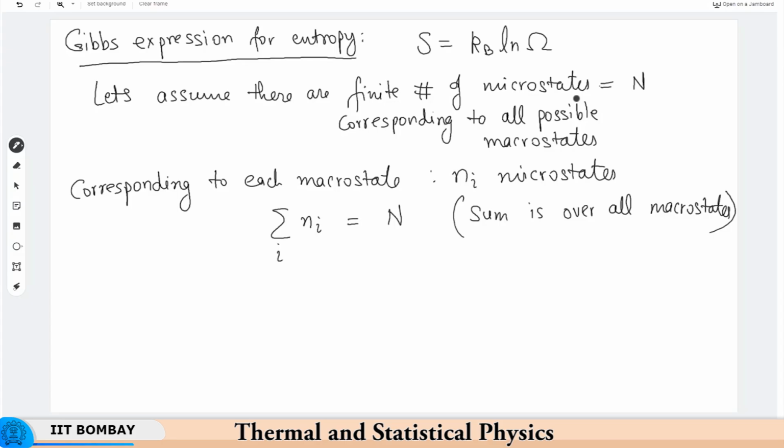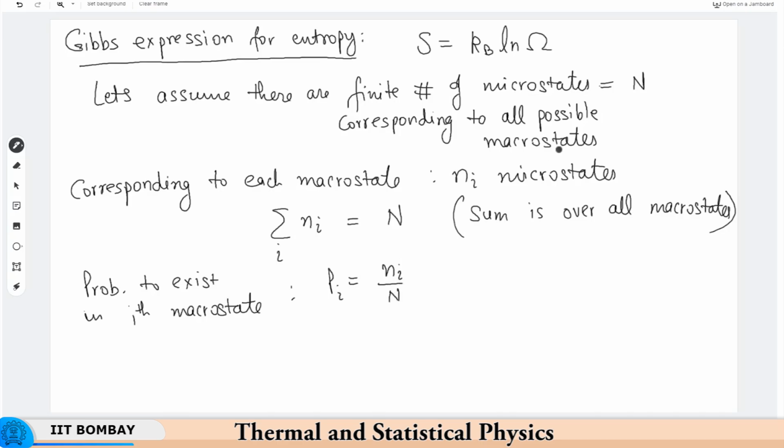Therefore, the probability to exist in the ith macrostate simply becomes Pi equals Ni divided by n.